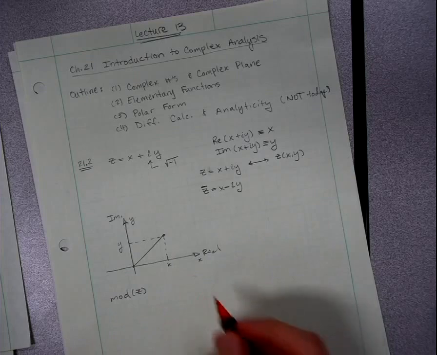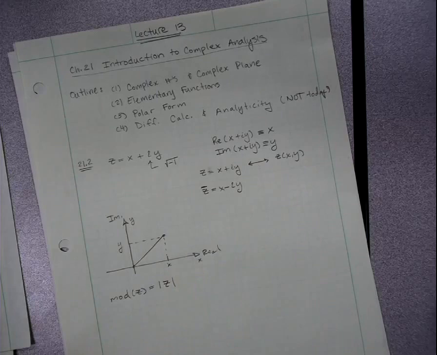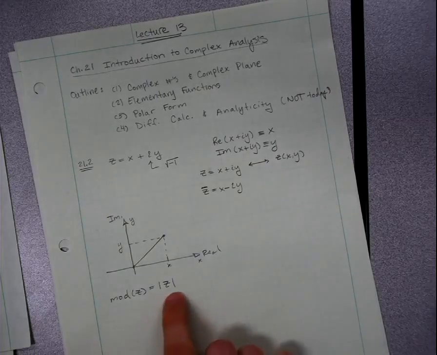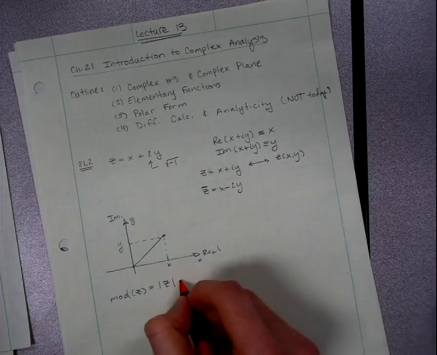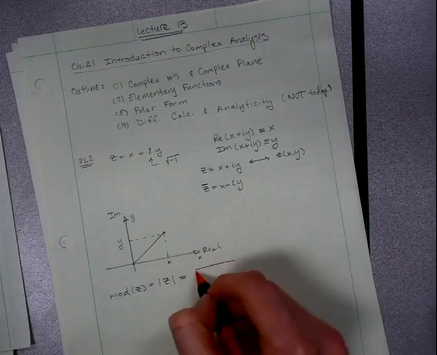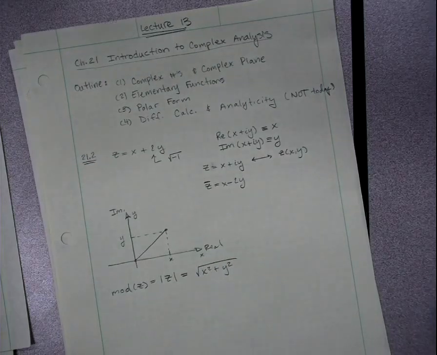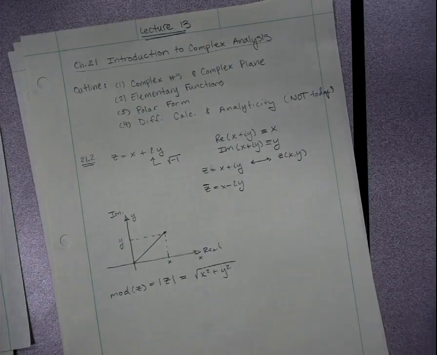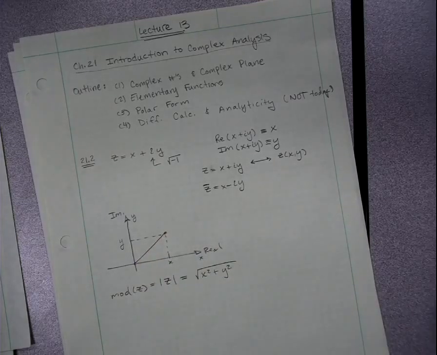Mod of z equals, and it looks very similar to the absolute value symbol. I mean, it's basically the same thing, but for complex numbers. So that equals the square root of x squared plus y squared, and that's going to give us this length, as you probably could have guessed. I know this isn't really anything new so far.